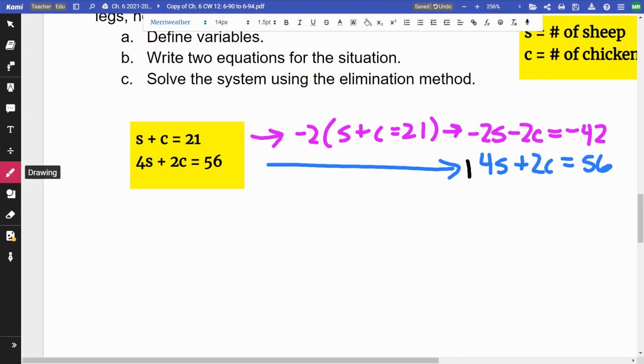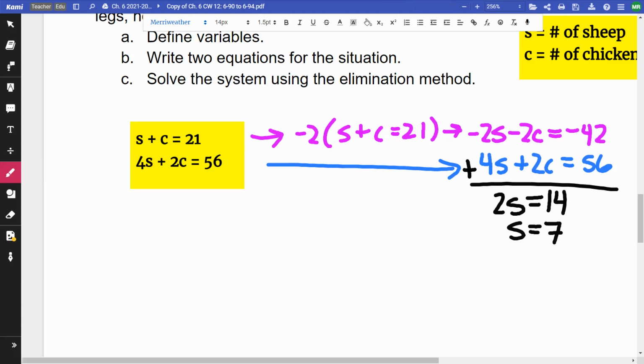When I add those 2 equations together, I'm going to get 2S. My C's are going to cancel out, equal to 14. So when I divide by 2, I get 7 sheep. Now there are 21 animals total.